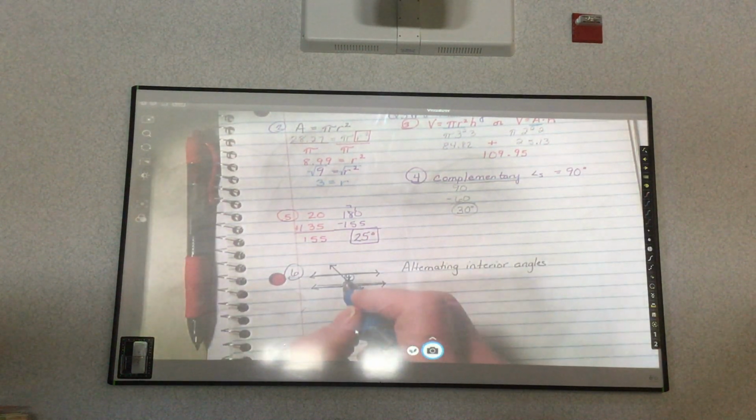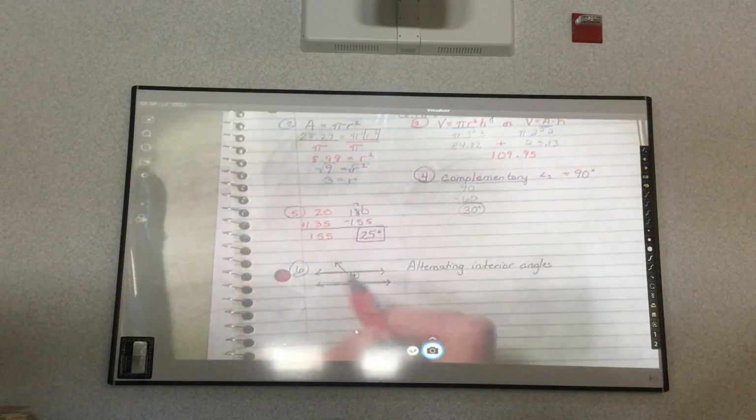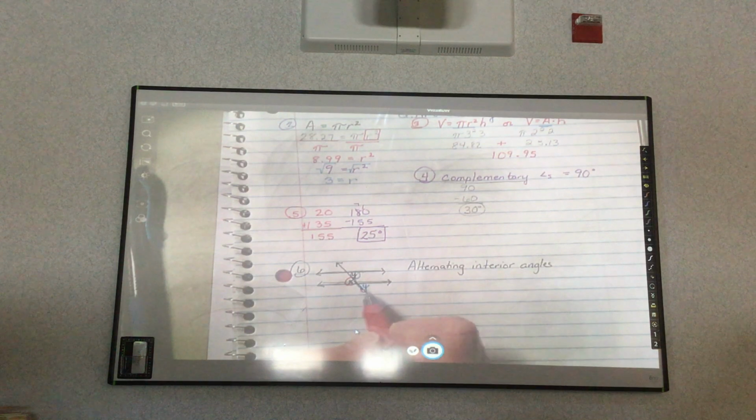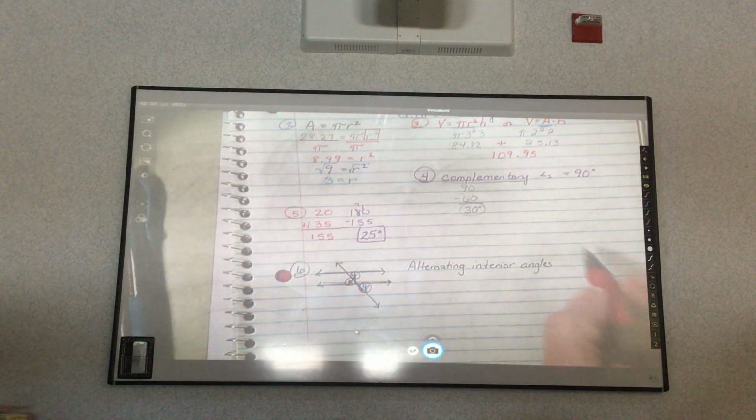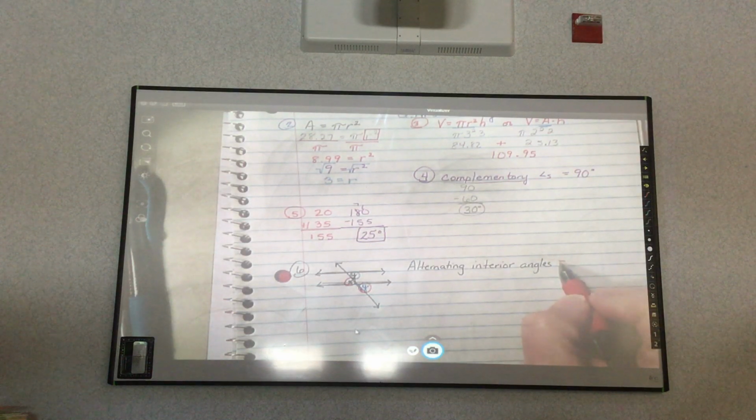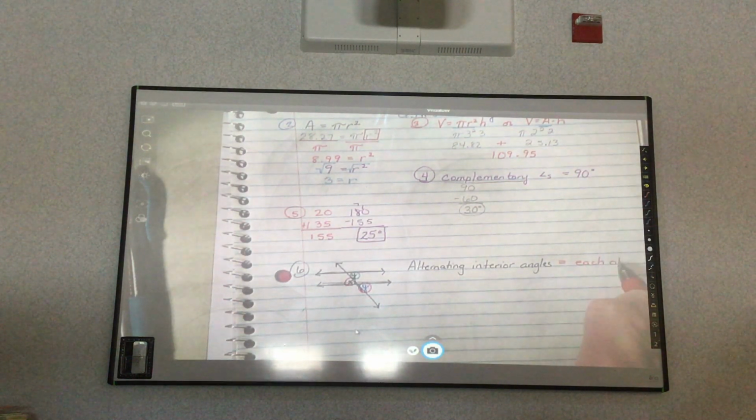And then if I look at these 2 angles, this X and this Y, they are vertical angles, so the alternating angles have to equal each other.